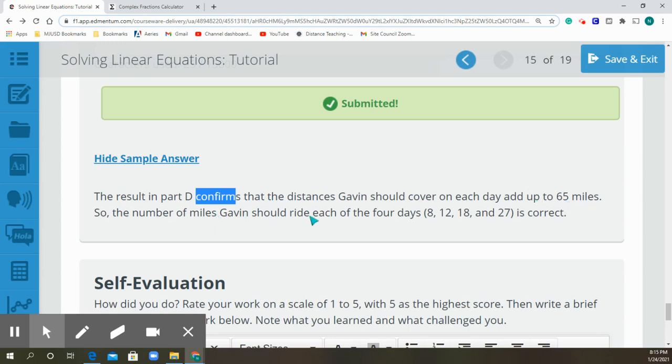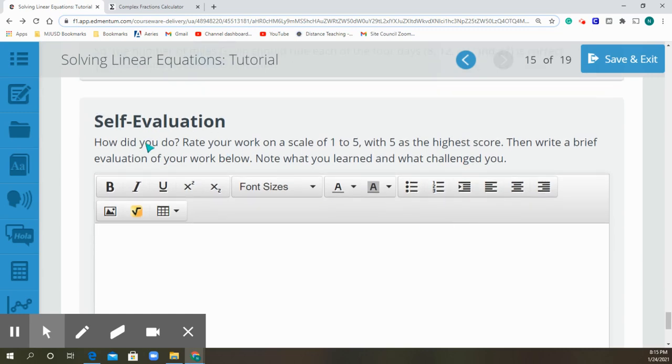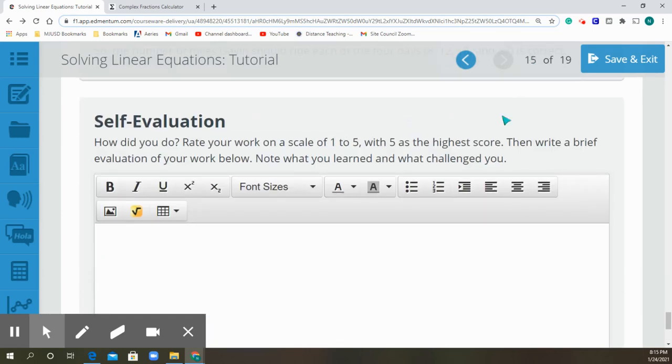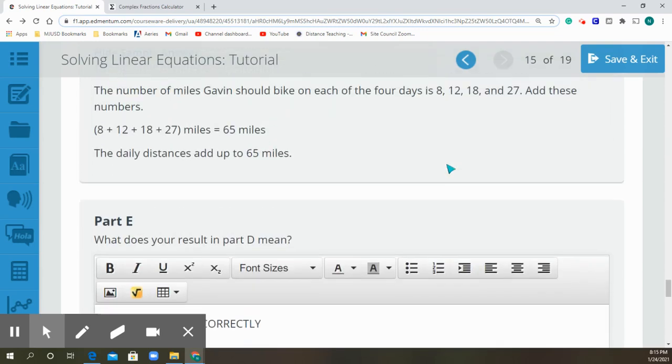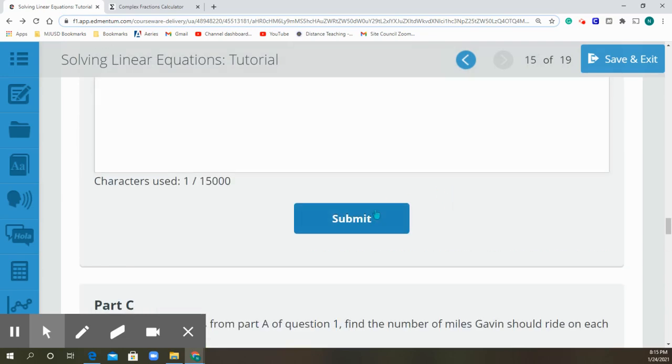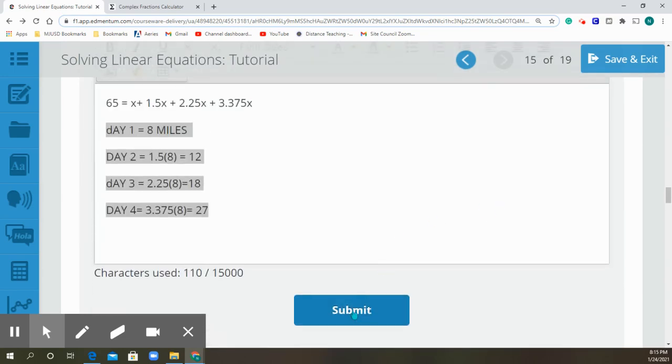So the number of miles Gavin should ride each of the 4 days, 8, 12, 18, 27, is correct. We do our self-evaluation. The hardest part of this was keeping everything in order. Make sure you check yourself before you wreck yourself.